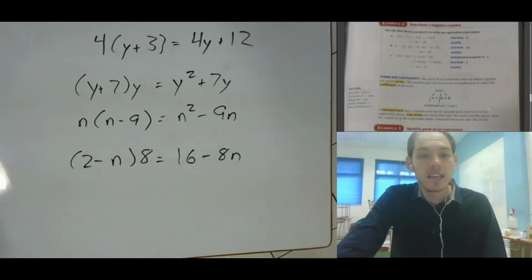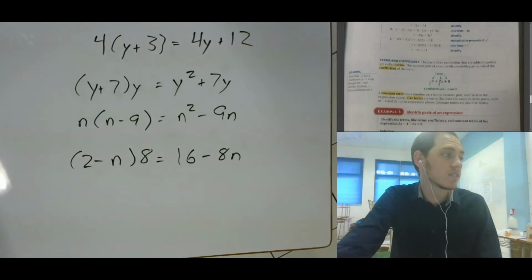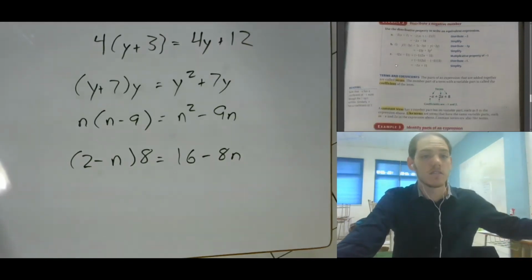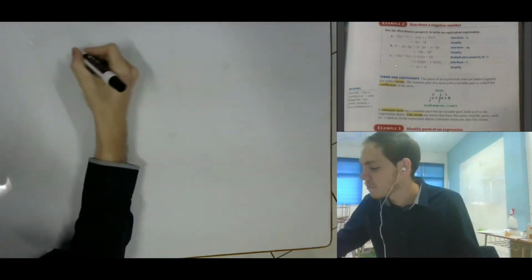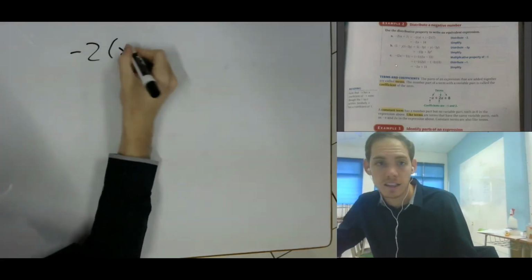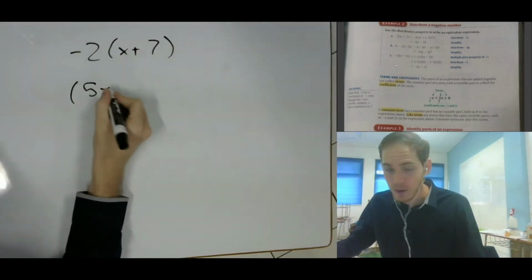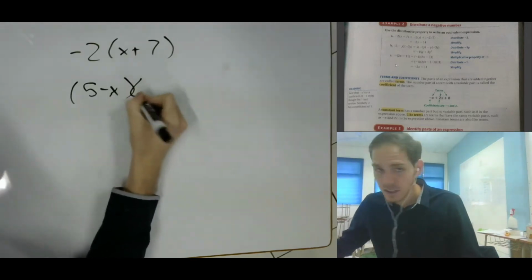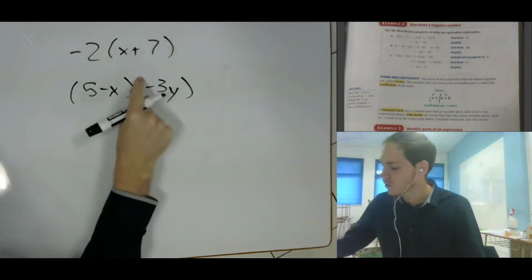Okay, does this work with negatives? Absolutely, okay? This works with negatives, positives, and all of the signs. So let's go through these. Negative 2 times 2x plus 7, and 5 minus x, times negative 3y.